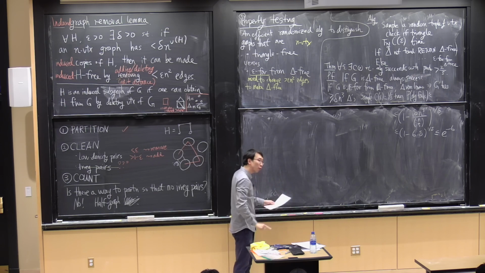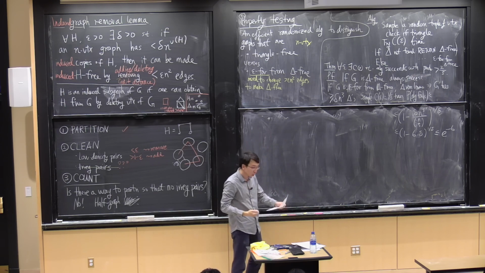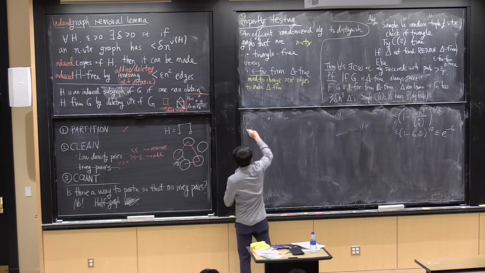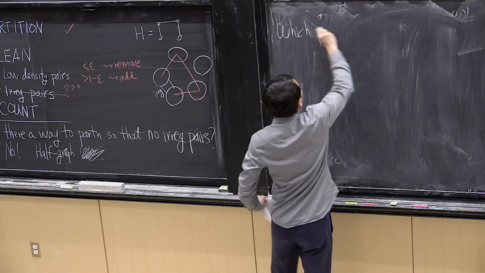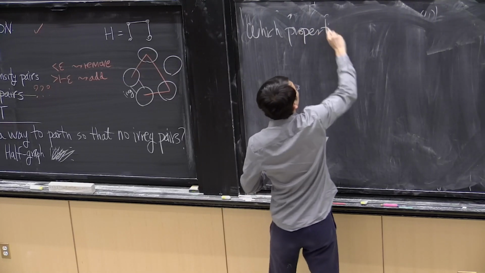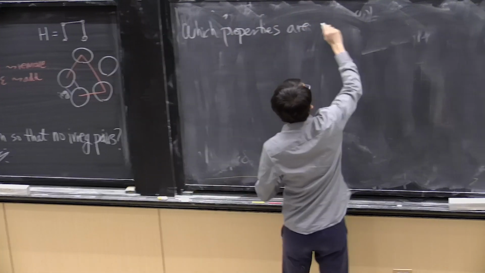Okay, so I just want to finish off with one more thing. Instead of testing for triangle freeness, you can ask what other graph properties are testable in that sense.